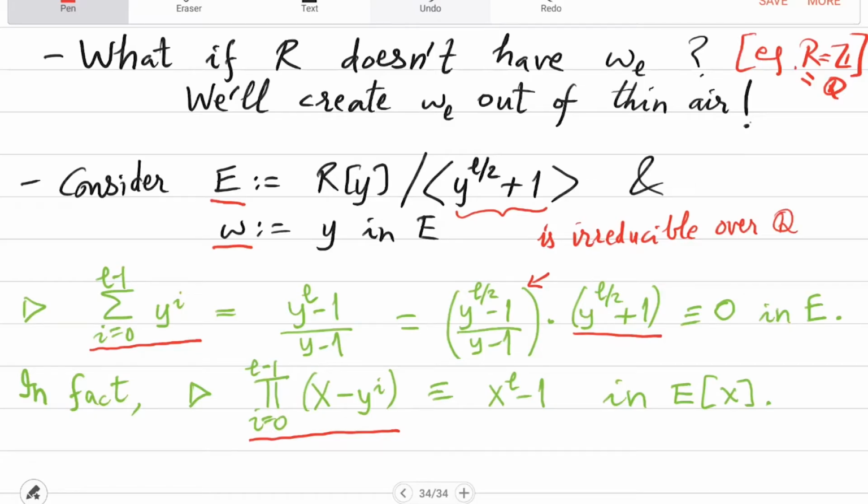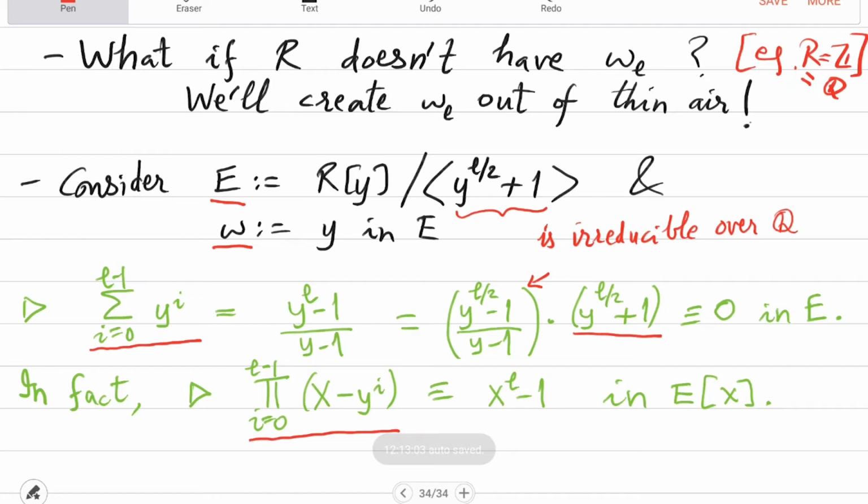Why are we taking the modulus with this particular polynomial, y to the L by 2 plus 1? The first equality is the major reason: sigma y to the i is 0. For other moduli, it's not true. Another motivation is that if R is your usual field Q, then this is an irreducible polynomial, so you go to a field extension.